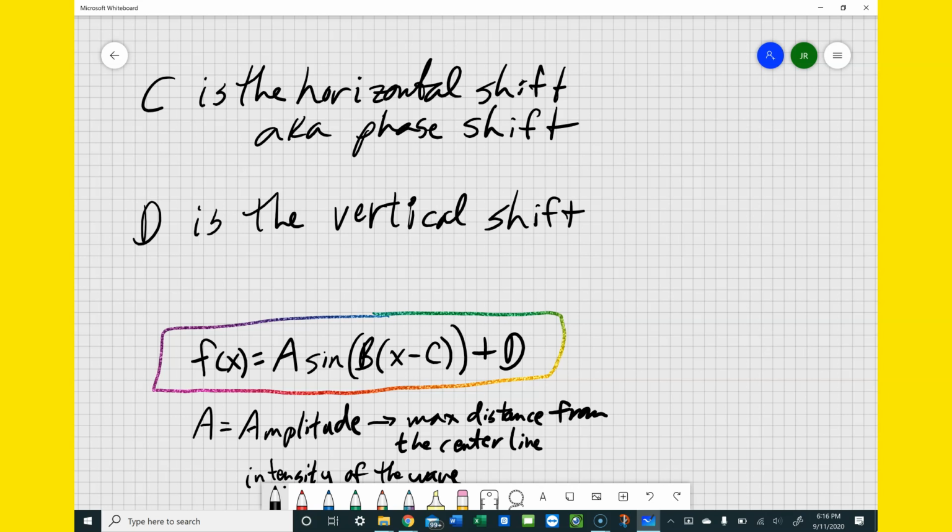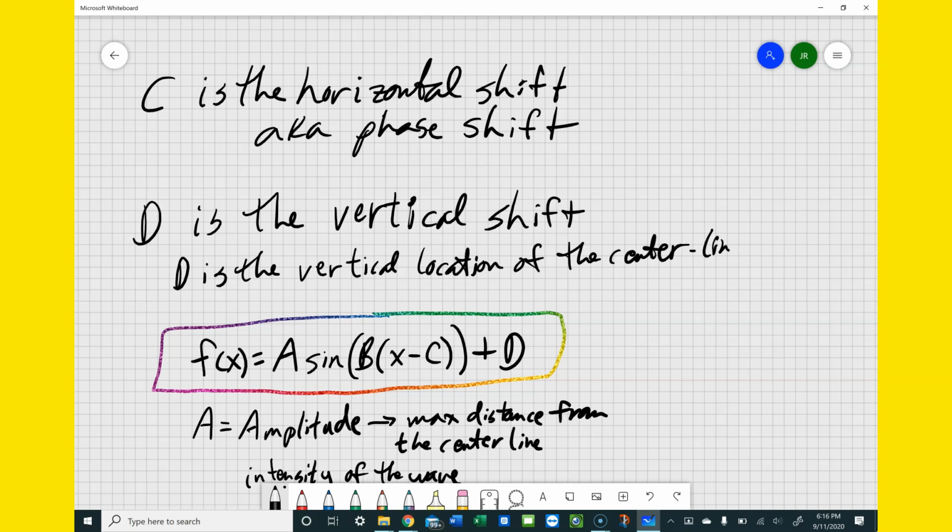If you subtract 4, it just moves the whole graph down by 4. But you could also say that D is the vertical location of the center line, aka the equilibrium line.